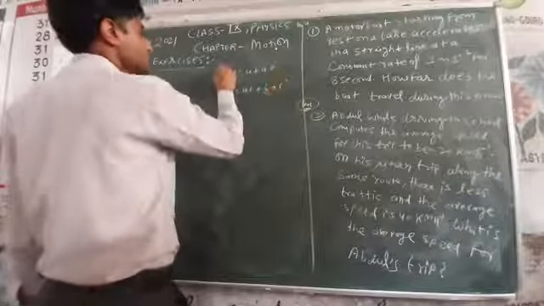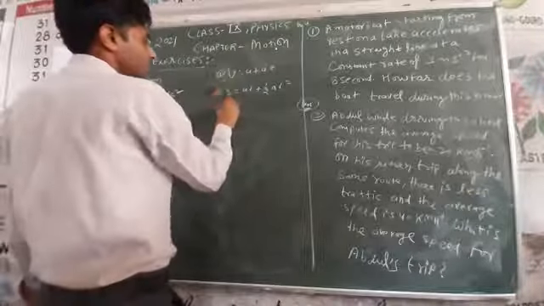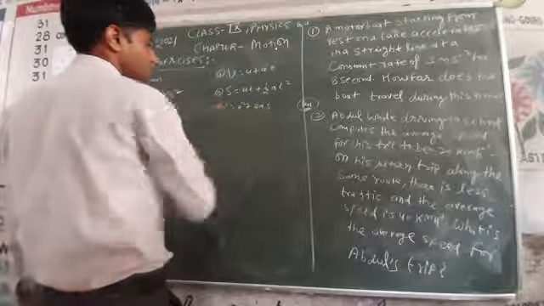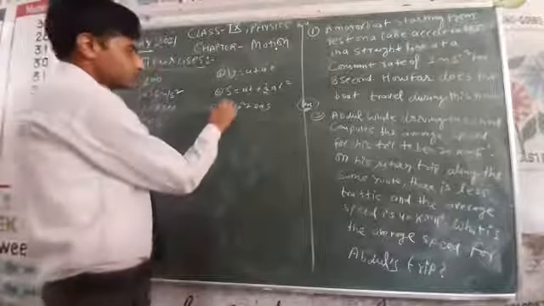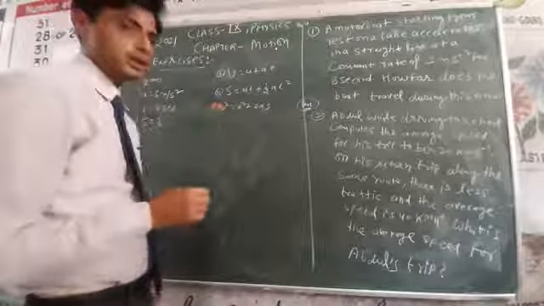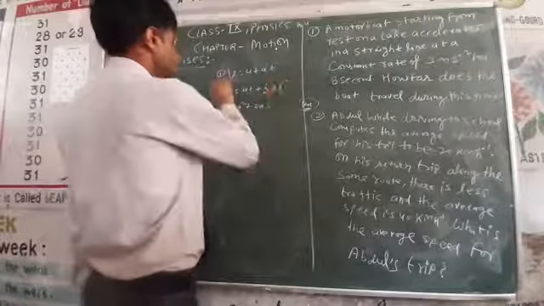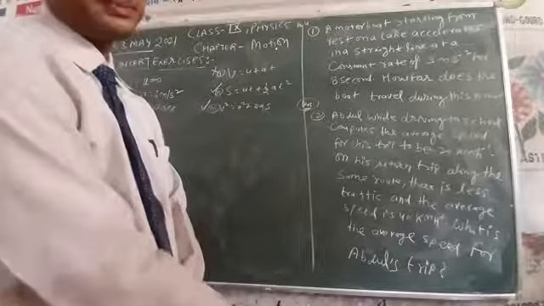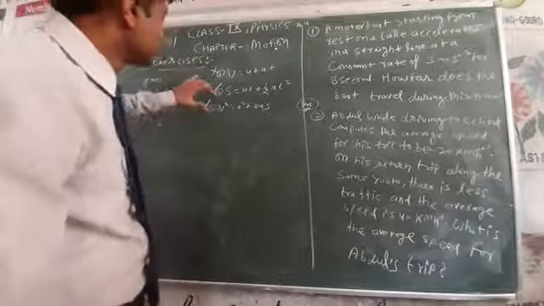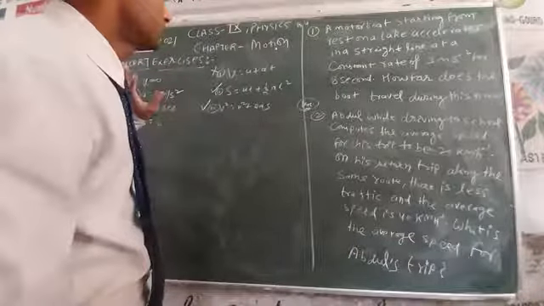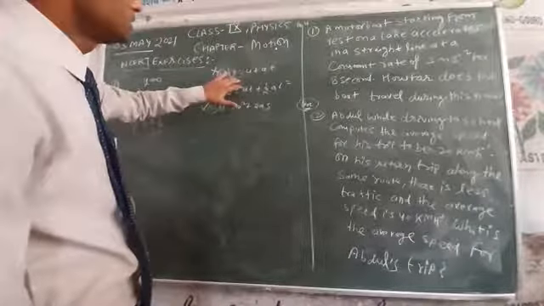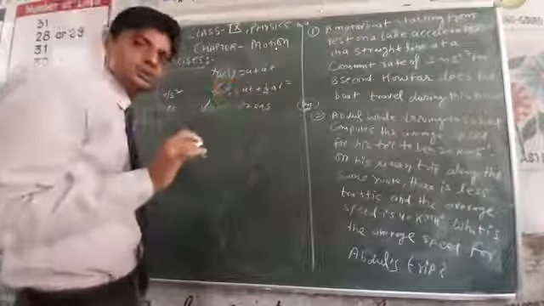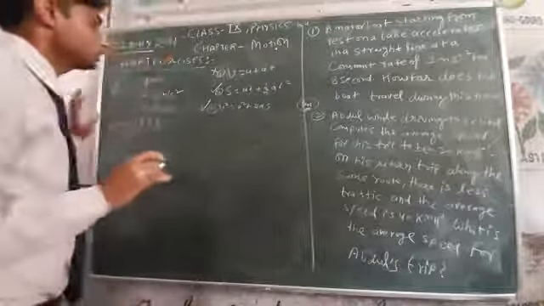The second is v equal to u plus at, and the third is v square equals u square plus 2as. Since you have to find the distance, you can't use the first equation, because in it there is no discussion about distance, so we can't use it in this question.